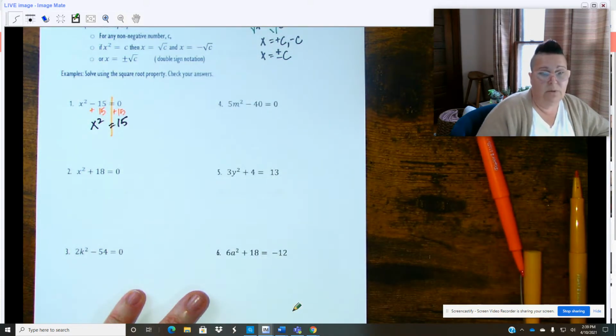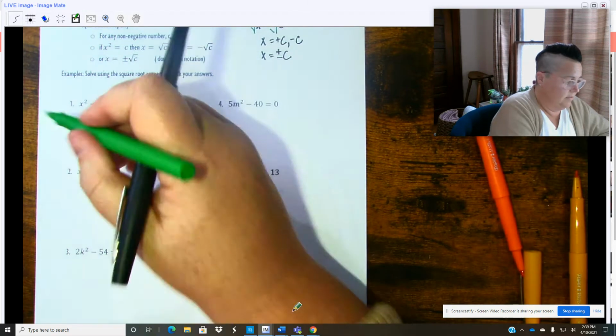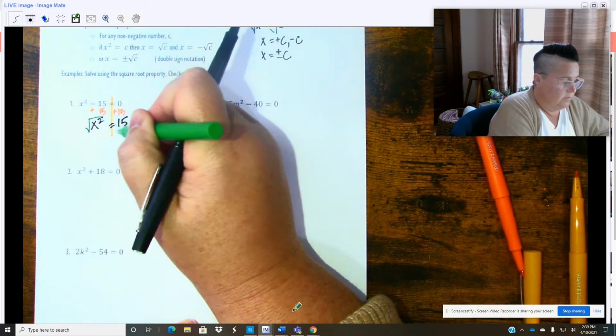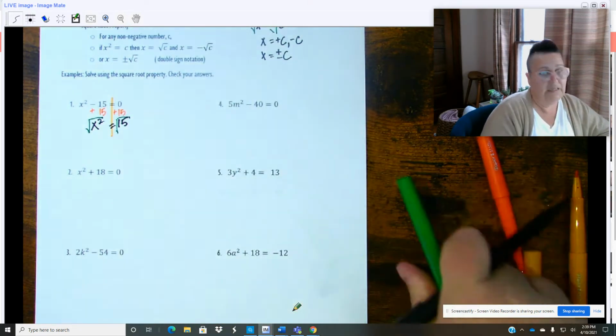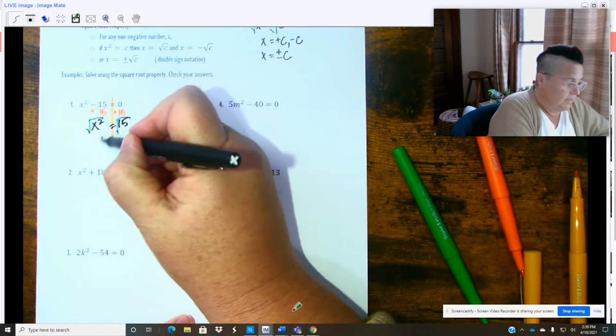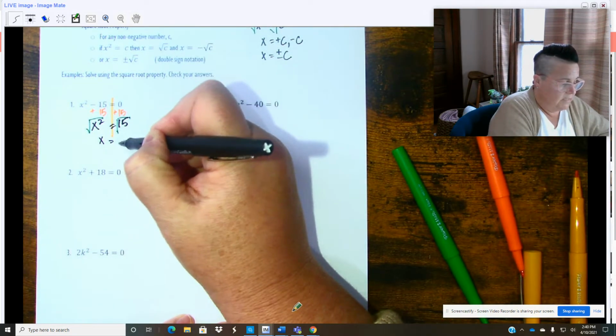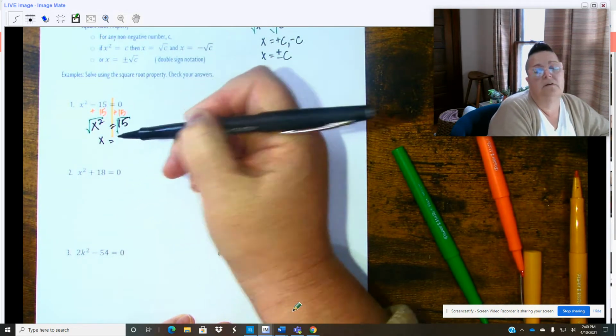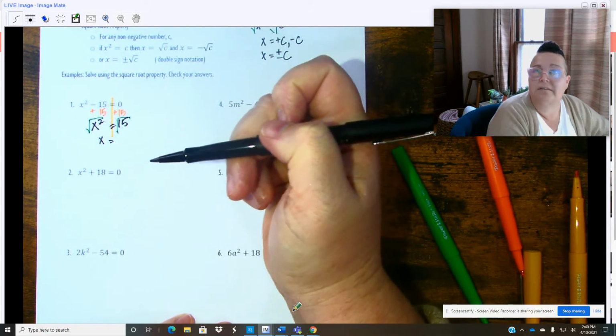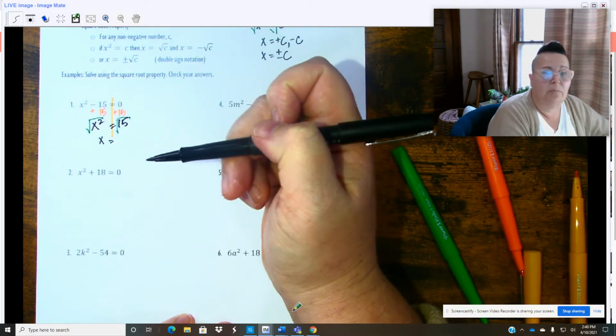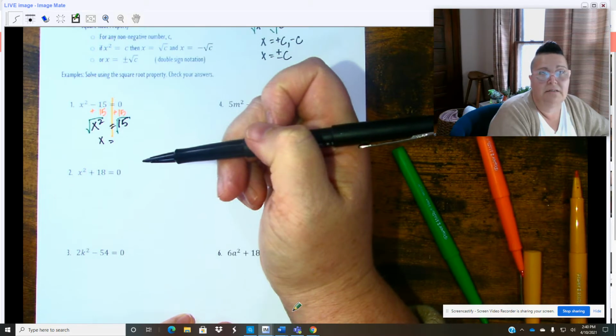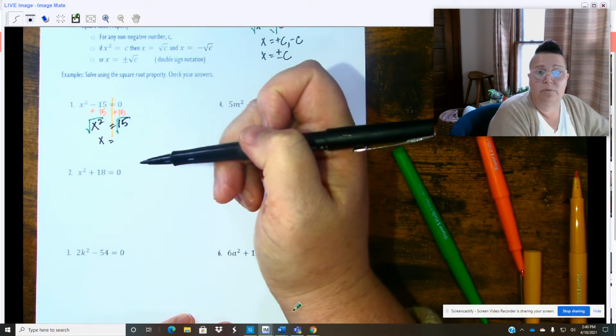Then we will take the square root of both sides. So the square root of x squared and the square root of 15. The square root of x squared is x. The square root of 15 is not going to simplify. 15 is not a perfect square. And if I break 15 down, I get 3 and 5, neither of which is a perfect square.